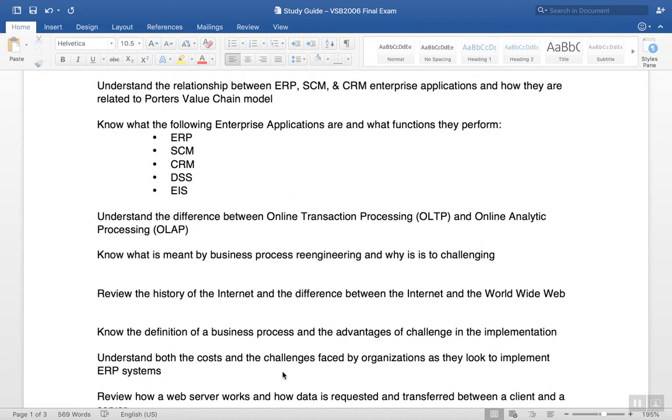Understand the costs and the challenges organizations faced as they were implementing ERP systems. There were a lot of different things driving the cost. Obviously there was the cost of the software, the cost of consulting around the implementations of these things, and the cost of developing and implementing new hardware to run these systems on.